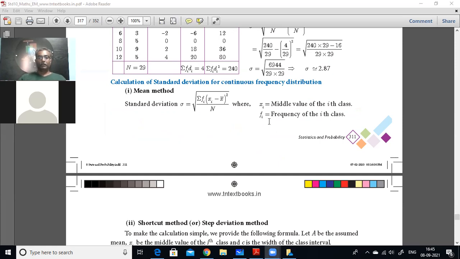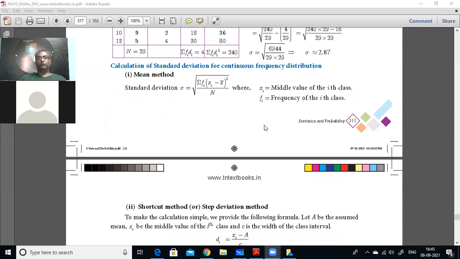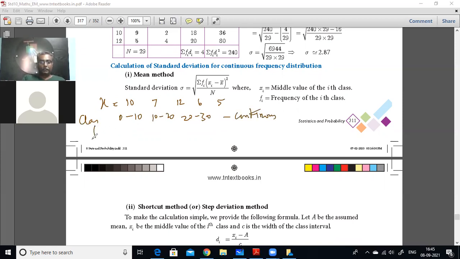Now, the step deviation method you cannot do for discrete data. What is discrete data? That is point data, when you get x is equal to 10 or 7 or 12 or 6, 5, like that. When you get a class like 0 to 10, 10 to 20, 20 to 30, this is called continuous data, and the frequency f will be say 3, 5, 6.